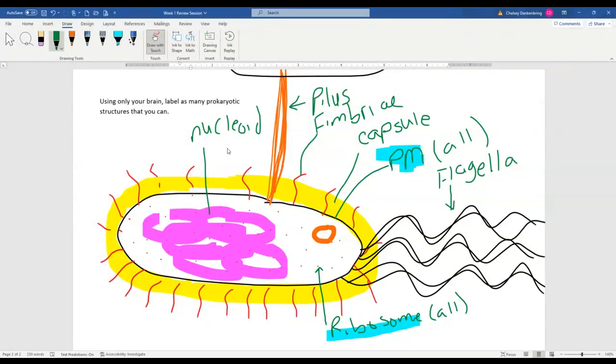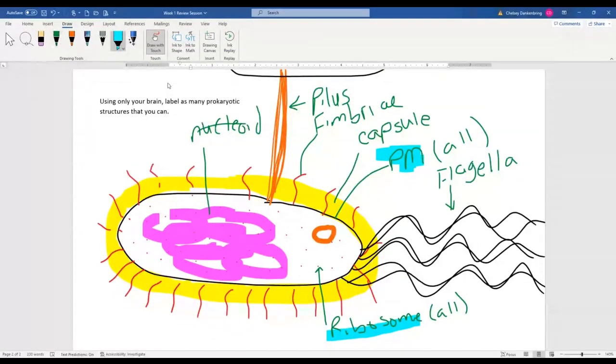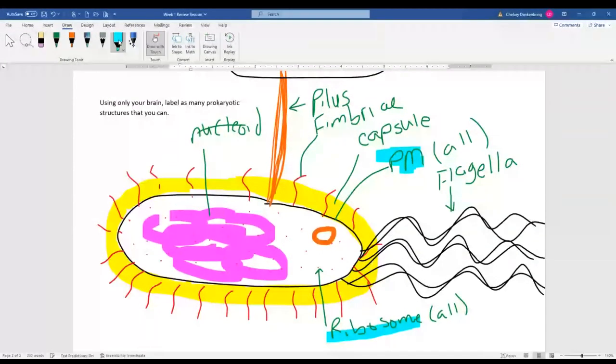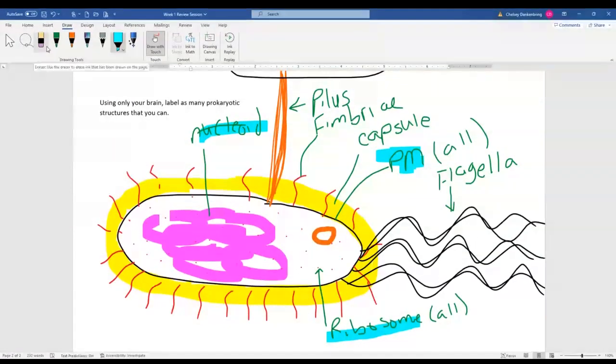So nucleoid is a prokaryotic term. Nucleus is a eukaryotic term. Chromosome is for both. Are we okay with that? And this is essential for life. Whoops. Why is it not clicking when I'm asking it to click? There we go. Nucleoid is essential.